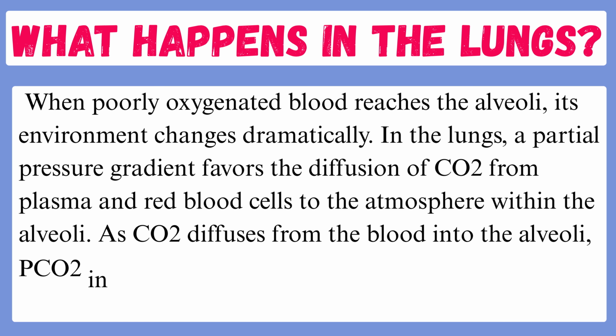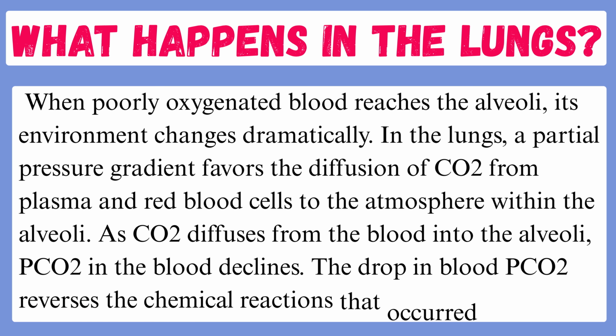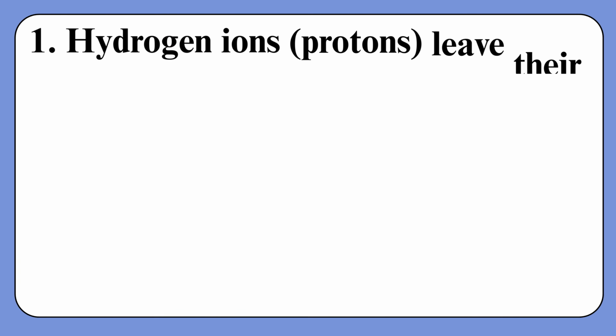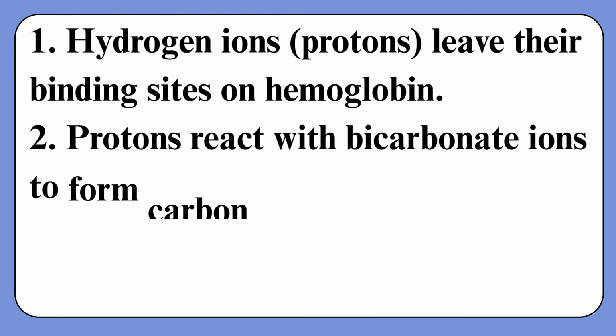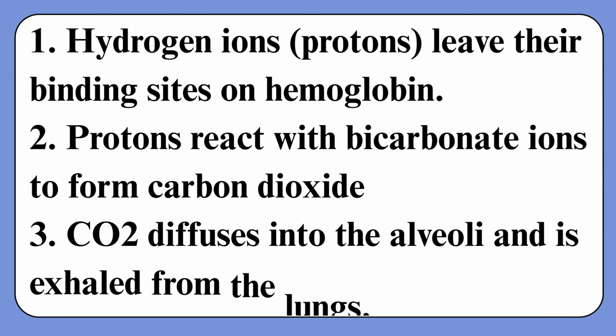Upon reaching the lungs, the poorly oxygenated blood reaches the alveoli, and now the conditions change. We now have a lot of oxygen on this side. Because of the increased oxygen partial pressures, all the reactions are reversed, so that the gaseous carbon dioxide now diffuses into the alveoli for removal. In the first place, the hydrogen ions or protons leave the binding site of hemoglobin.